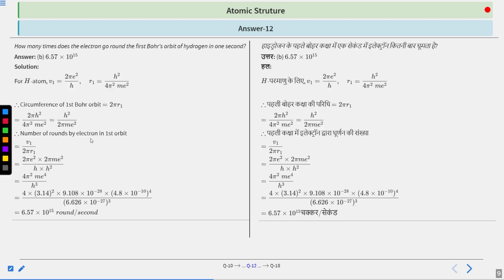Now what will be the number of rounds of the electron in first orbit? How we'll do it? So we know the formula of speed. It is distance by time. So what will be the time? So time will be equal to, so what are we doing here? See, speed is equal to distance by time. We know that.